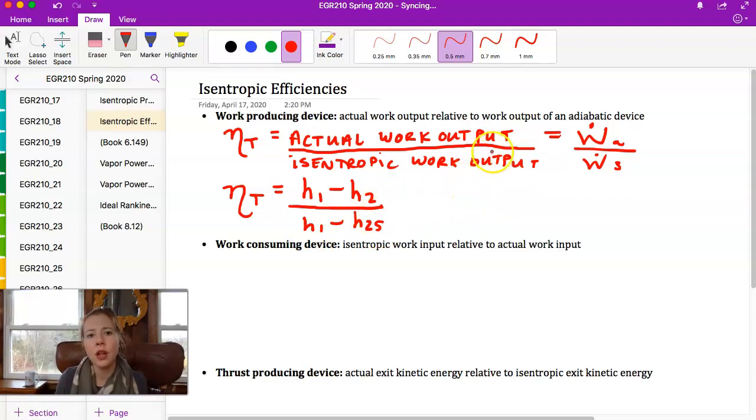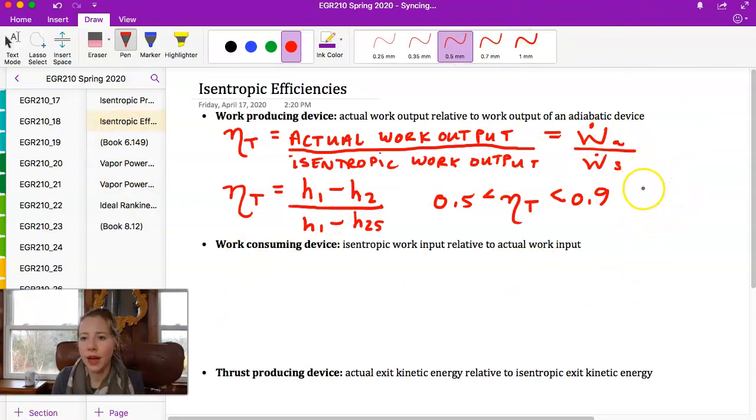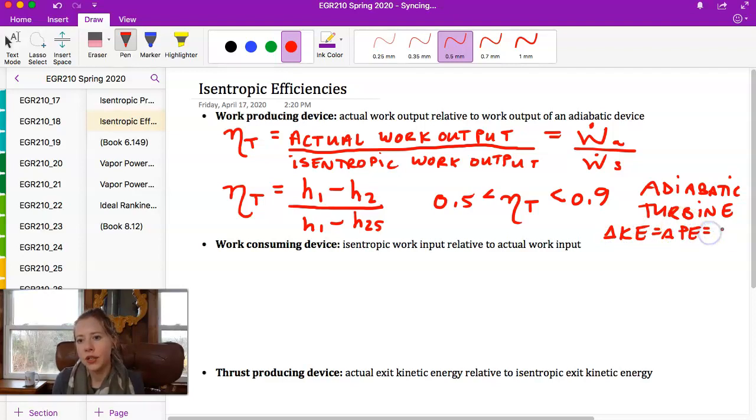The typical range for the isentropic efficiency of a turbine is somewhere between 0.5 and 0.9, and that would be for an adiabatic turbine, where you're not getting any heat exchange between the system and the surroundings, and of course delta KE equals delta PE equals 0.